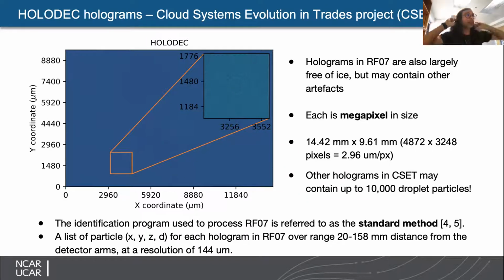But that actually winds up being quite a small pixel resolution. It's 2.96 micrometers per pixel in both X and Y in this image. Now I want you to note the little zoomed in box that I have here with the orange block. That is a 512 by 512 pixel subsample of this image that I've blown up for your convenience. Because if you just look at this hologram all by itself, you can't really see that much.